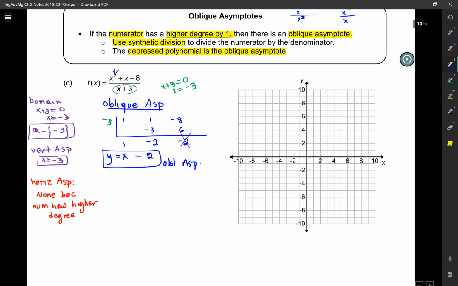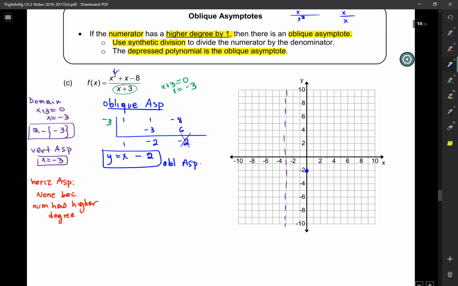Okay. So now I'm going to graph this. I have one at negative 3. I don't have a horizontal one, but I have an oblique asymptote at y equals x minus 2. Do we know how to graph y equals x minus 2? Right? Y equals mx plus b. Where's the y-intercept?